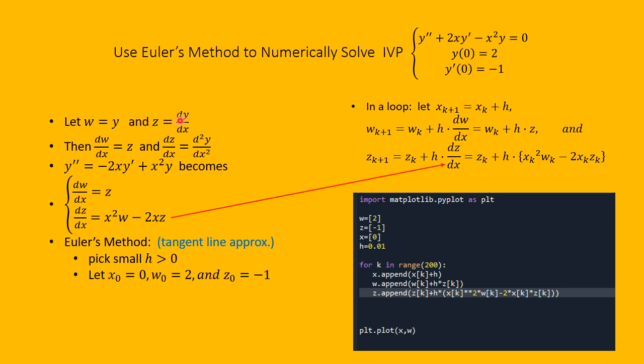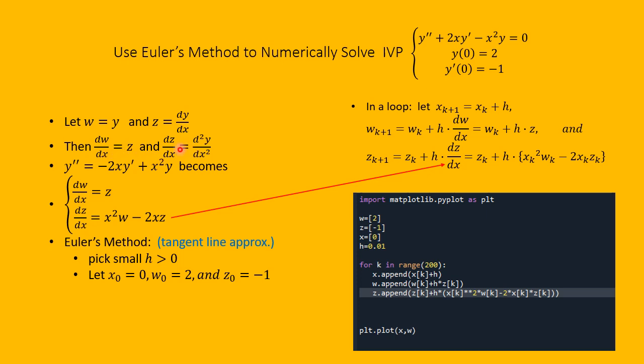But looking at these two, we can see now that the derivative of w with respect to x is just z. Why is this true? If I differentiate both sides of this equation, the derivative of w with respect to x equals the derivative of y with respect to x. But wait a minute, the derivative of y with respect to x equals z. So putting those two together, we get that the derivative of w is equal to z.